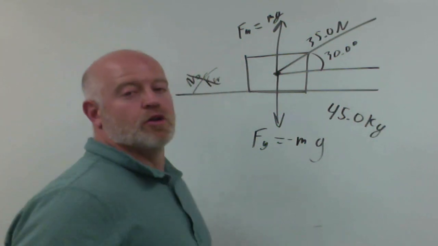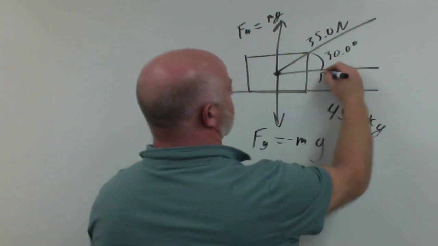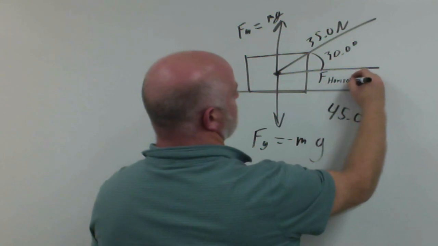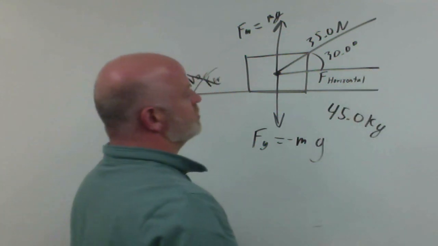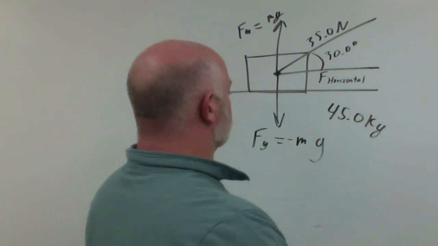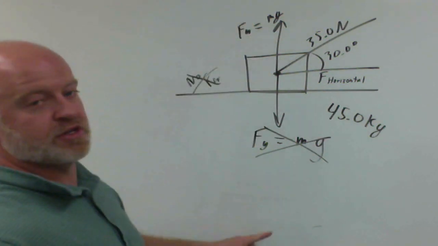The first step in our problem is we need to know what force is going to be in the horizontal direction. So let's solve for the horizontal force first of all, and then we can plug it into our equation. Now we don't need this because we're not moving up or down.